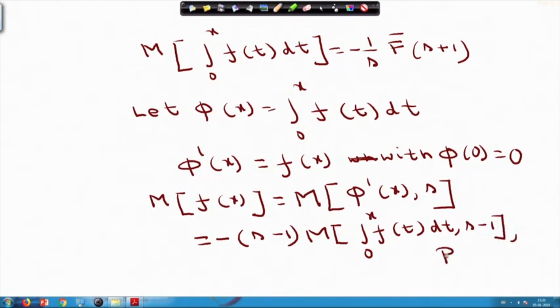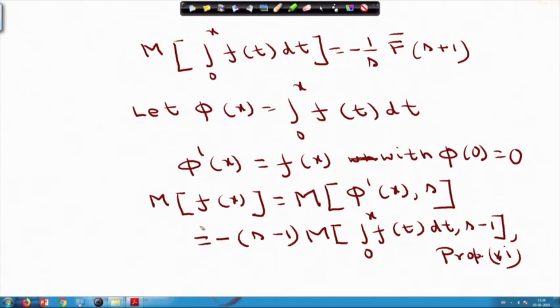This we are getting from property 6. Please note this one. From property 6 directly we can write the Mellin transform of phi dash x equals minus s minus 1 times the Mellin transform of integral from 0 to x of f(t) dt, where the variable is s minus 1. So, basically the derivative property, property 6, gives us this.